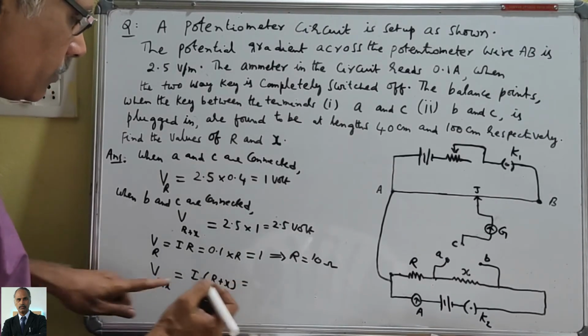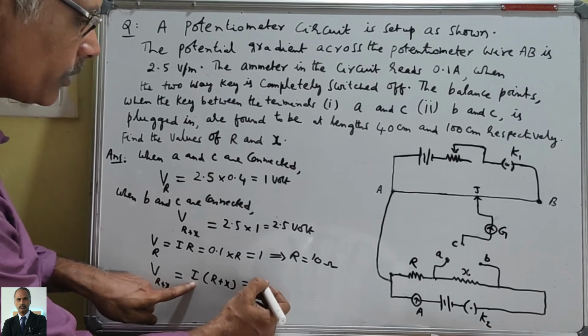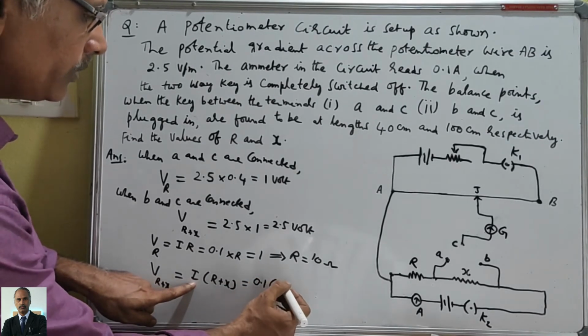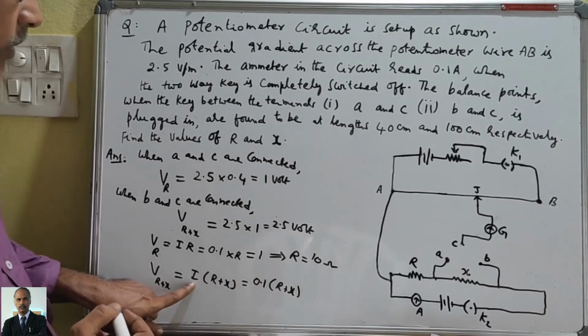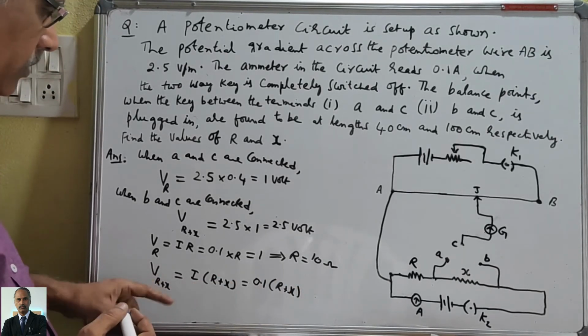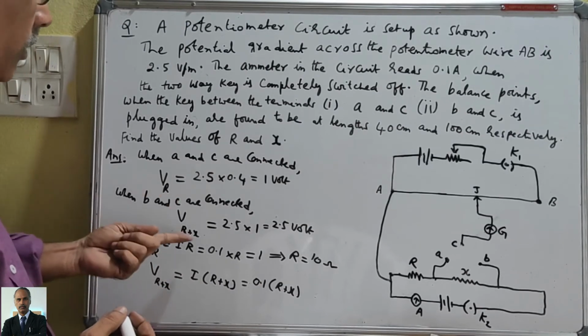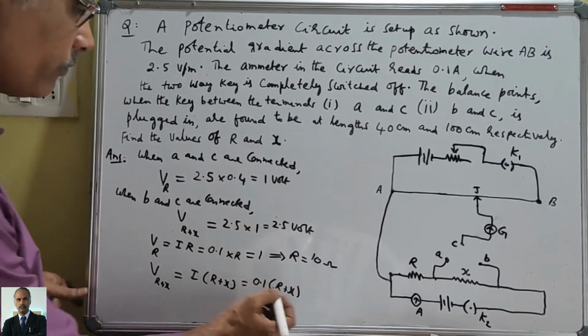So this is equal to 0.1 into R plus X. This is the potential difference across R and X together, that already we have calculated here, that is 2.5 volt.